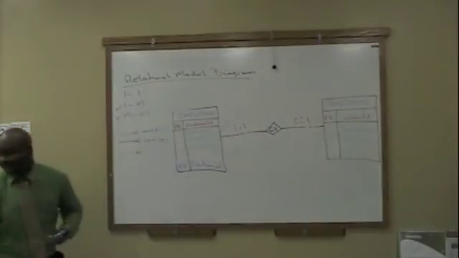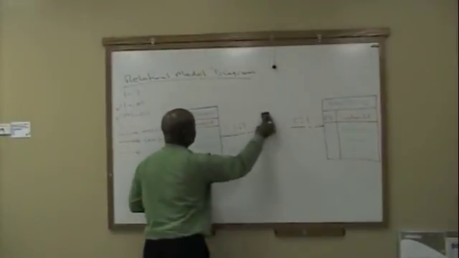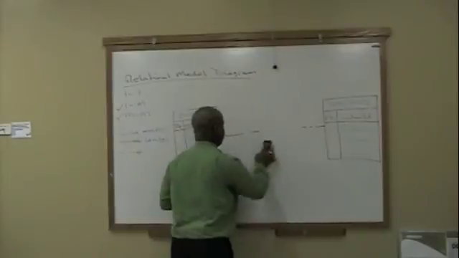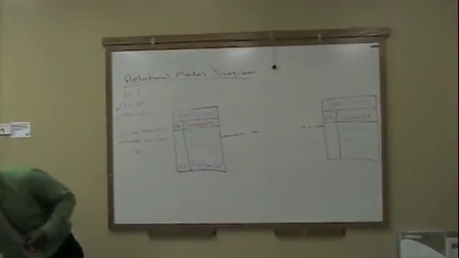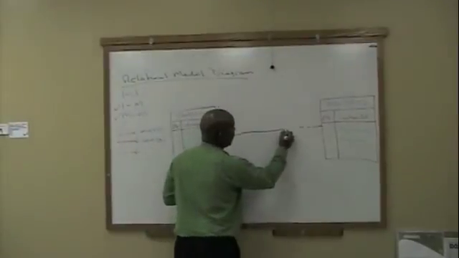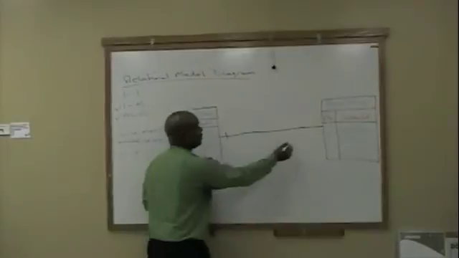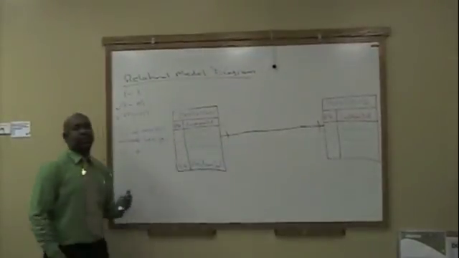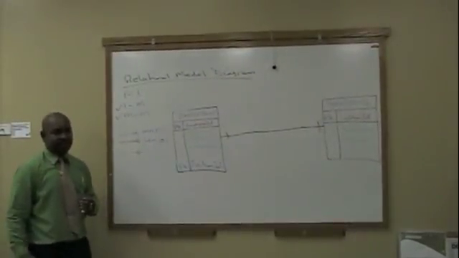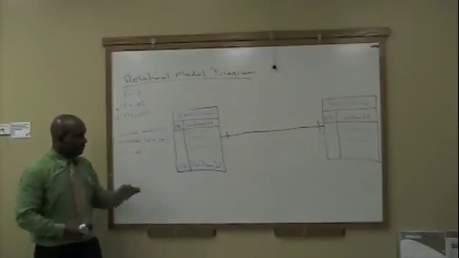And when I did that, I will get a diagram that looks like this here. Just 1-to-1, no crow's foot anywhere. Okay?